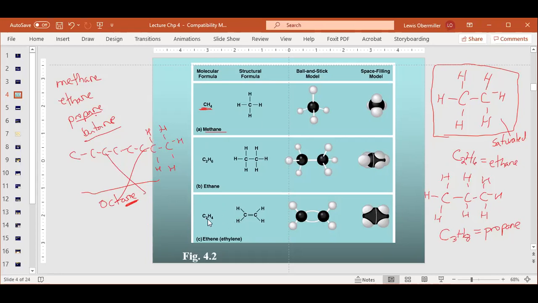So carbon can also form double bonds, right? And so we're going to take ethane, which is this molecule here, and we're going to add a double bond to it. So instead of 1 bond, we have 2, and that's going to change this molecule because we have 2 bonds.